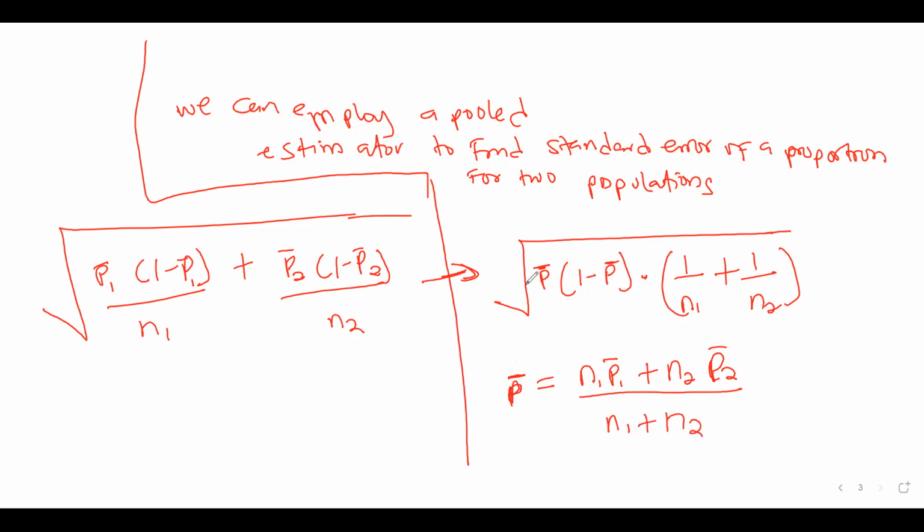So if you are not given a pooled proportion and you use this approach, it means you have to compute the pooled sample proportion and send it back into this formula to get the standard error. But I believe the one on the left here is quite simpler, but you should get the same answer anyway. All right. Now let's look at the example here.